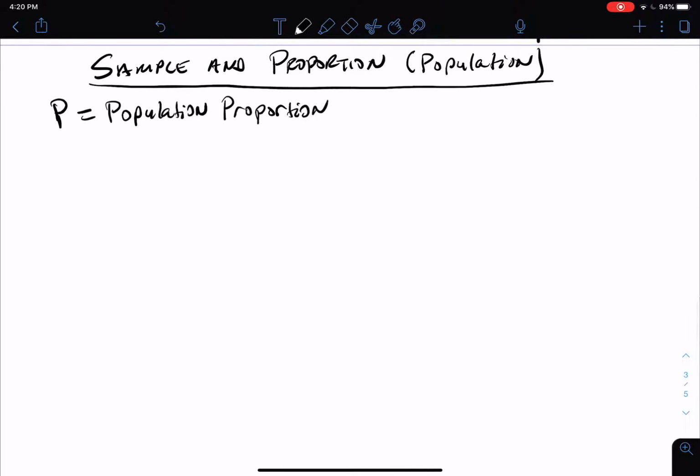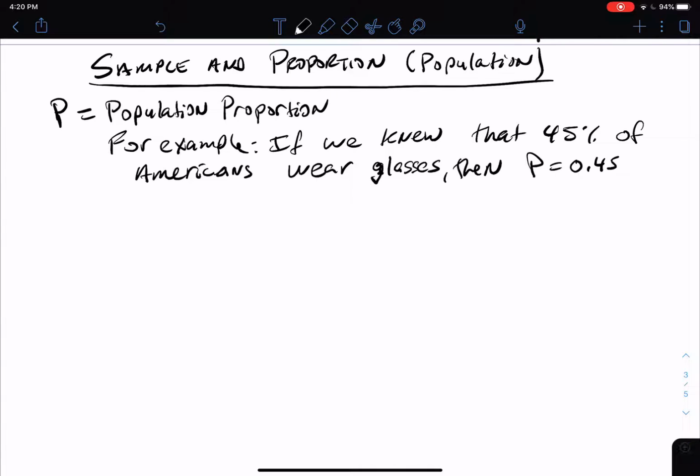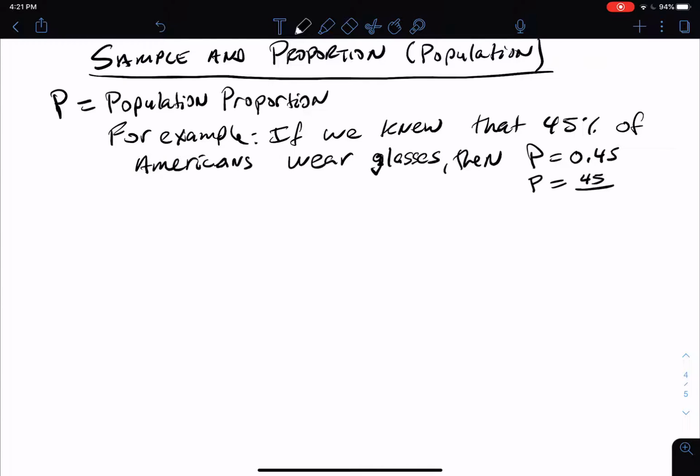For example, if we knew that 45% of Americans wear glasses, then we would say P equals 0.45, or 45 out of 100 if you want to write it as a fraction.